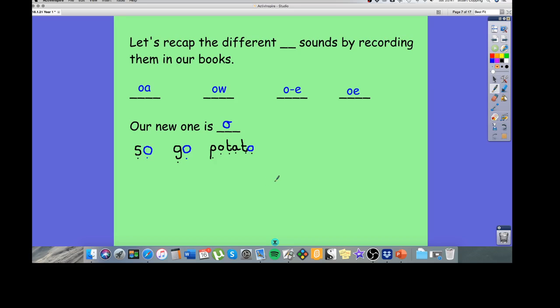Right. Now then, let's try banjo. Banjo. It's a type of musical instrument, a little bit like a guitar. A banjo. Here's the sound buttons. B, A, N, J, O. And here's the word. B, A, N, J, O. Banjo.